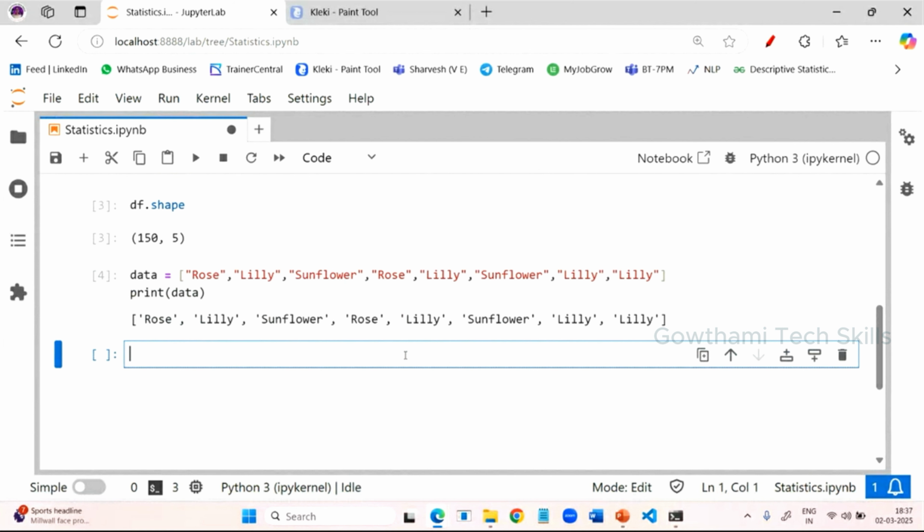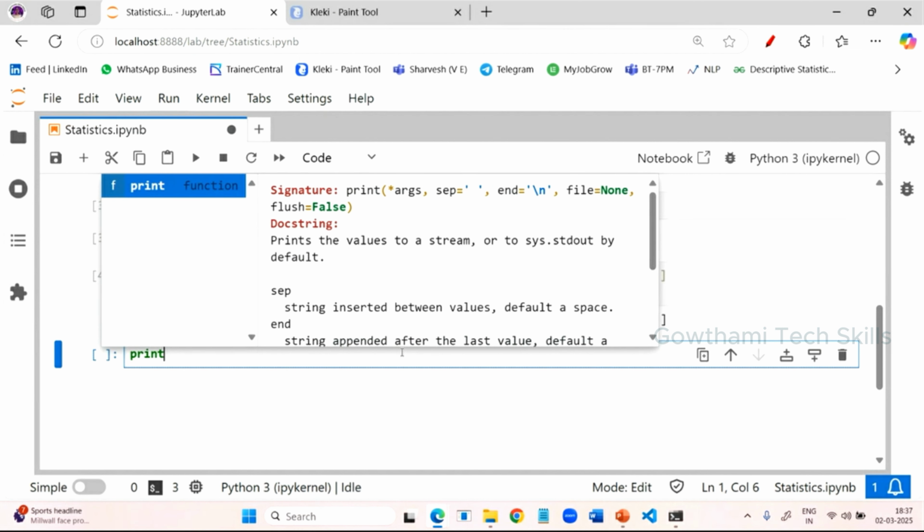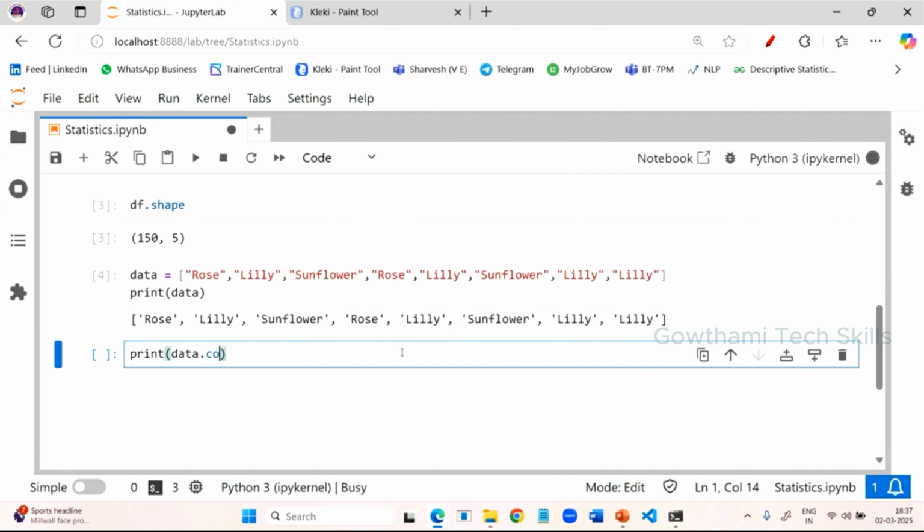Now what I need to do is get the count for all those values. How to get the count of those values? For a particular data, that is looking like a list only, right? So what we will do is print data dot count function.